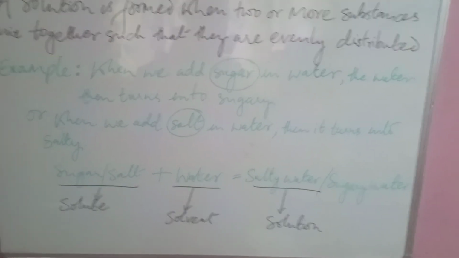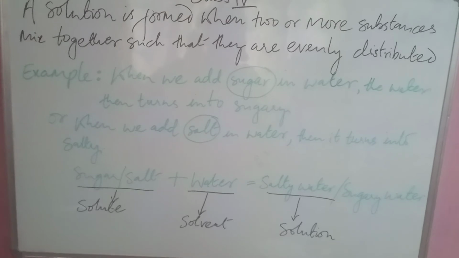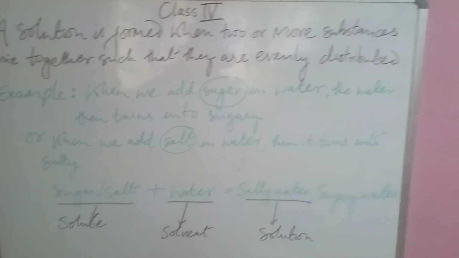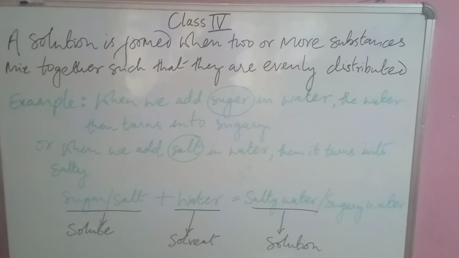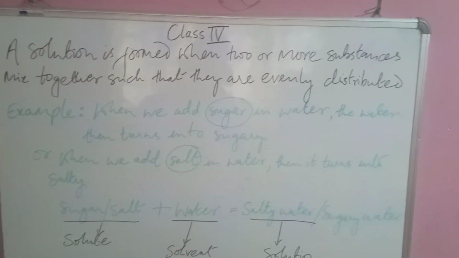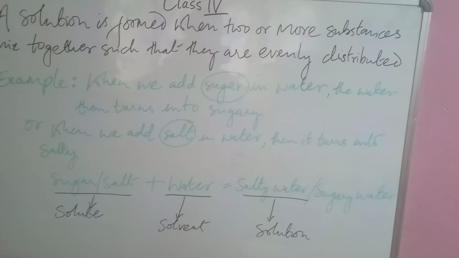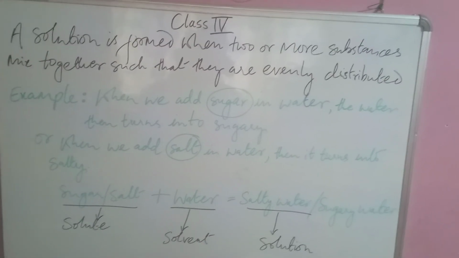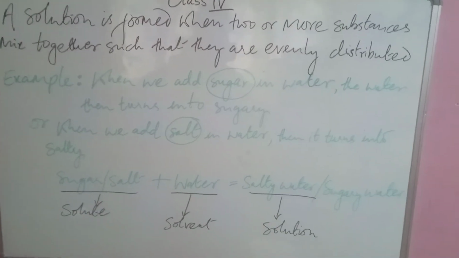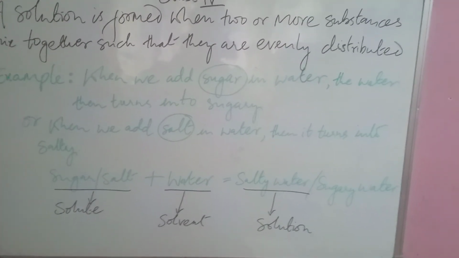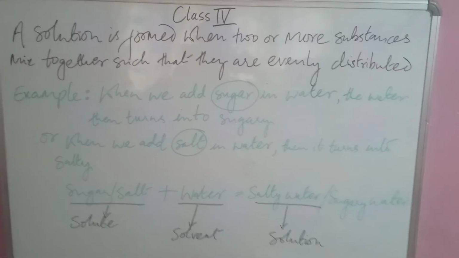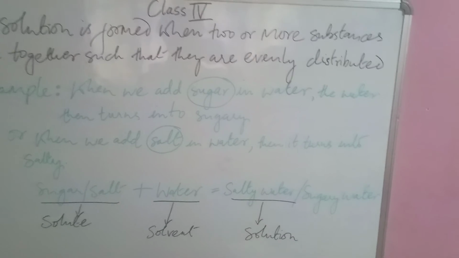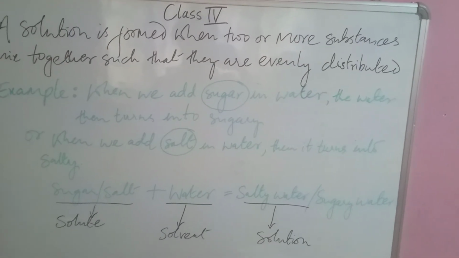The sugar and salt added are the solute, and the substance in which the solute dissolves is called the solvent. Together, solute and solvent make a new solution.